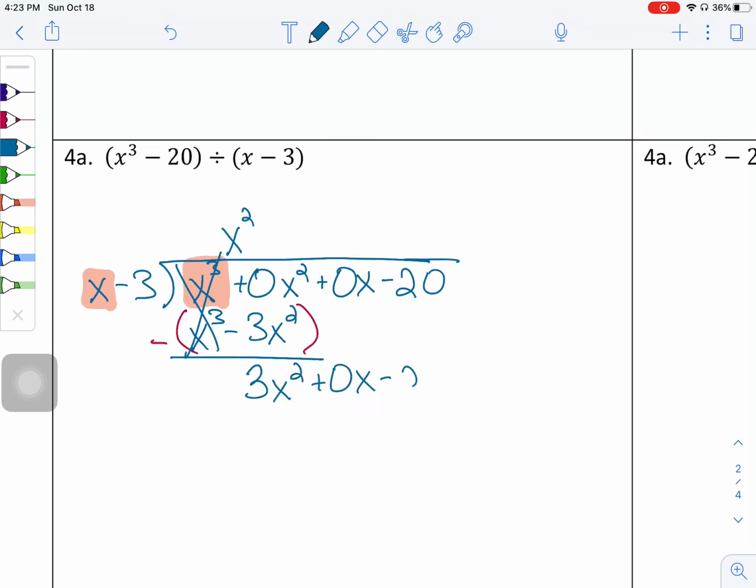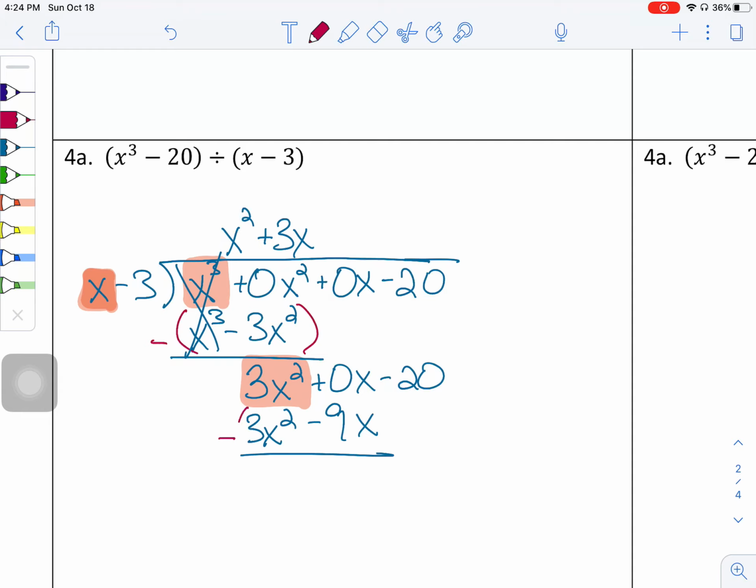Bring down the other pieces of your polynomial. Start again. Divide x into 3x squared. If we do that division, we're going to get positive 3x. Let's go ahead and multiply it. 3x times x is 3x squared. 3x times negative 3 is negative 9x.